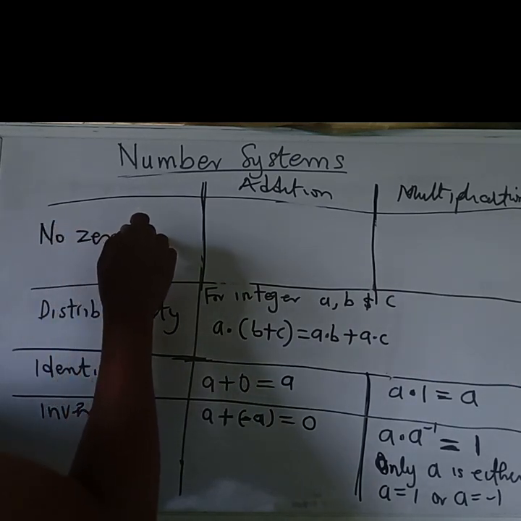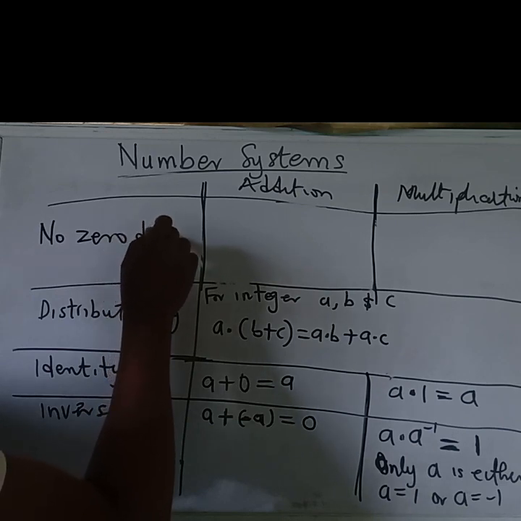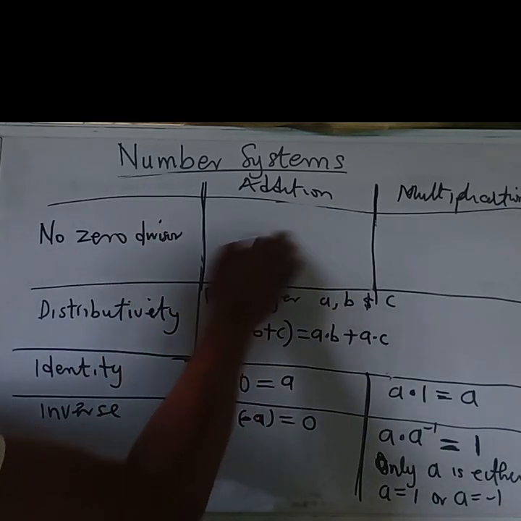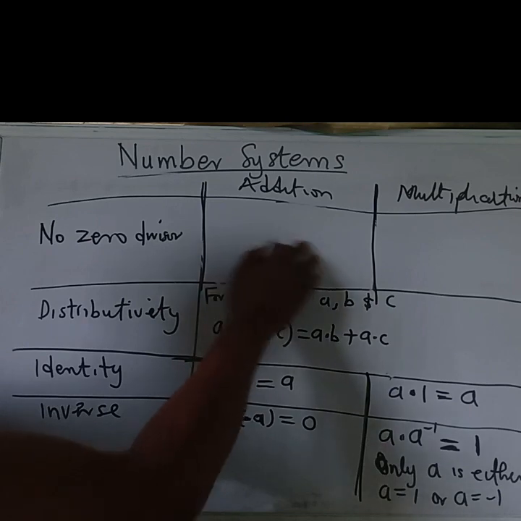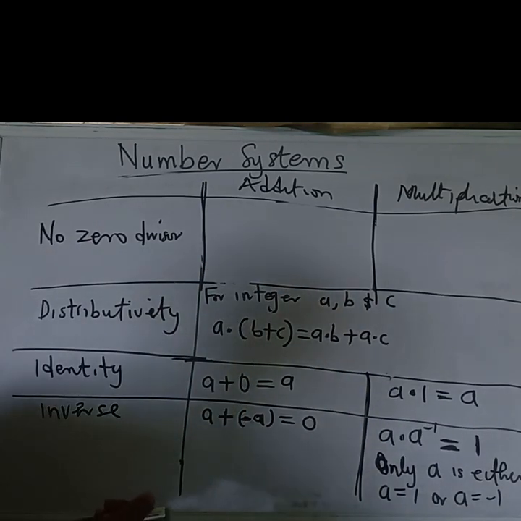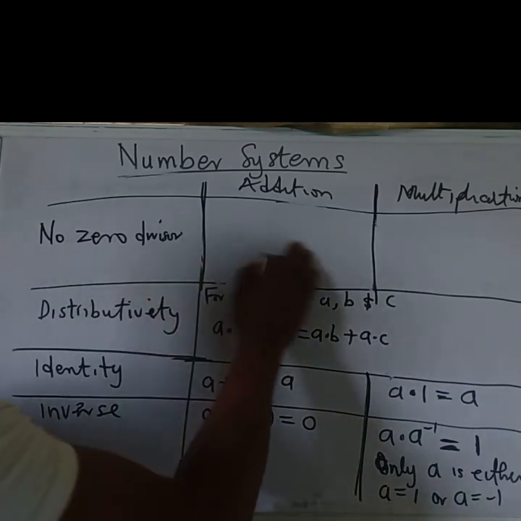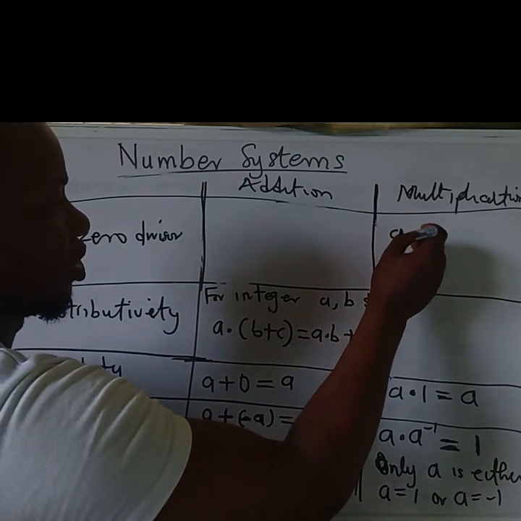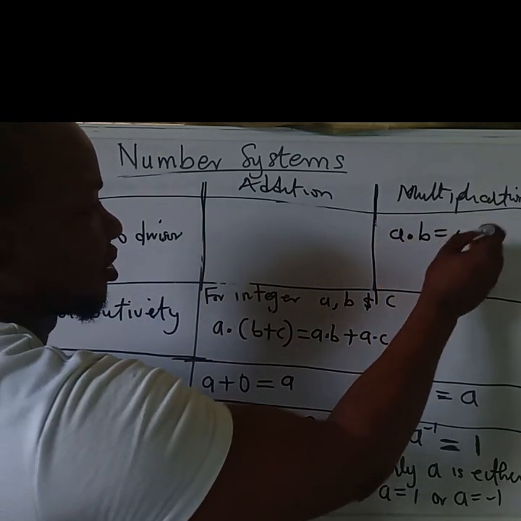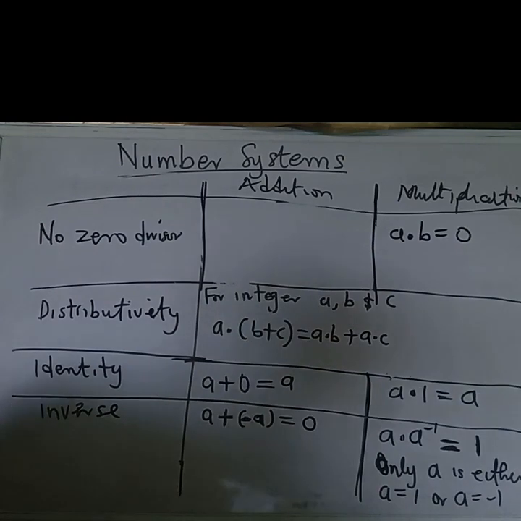This is very important. No zero divisor. We do not have this for the addition; if you have two numbers like this, the equation is possible under the integer numbers.